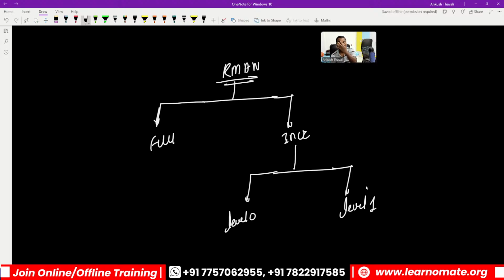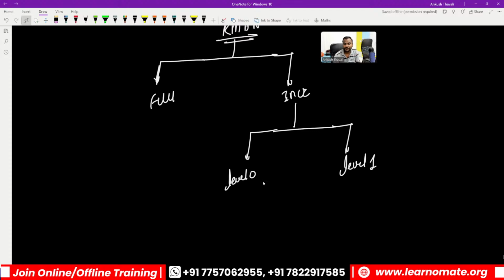Now if someone asks, I want to take a full database backup, what do I do? We consider the level 0 backup as our full database backup, and level 1 as our incremental backup.